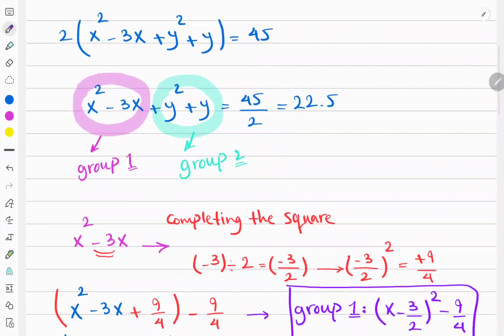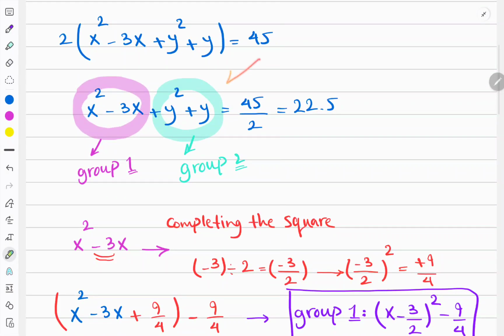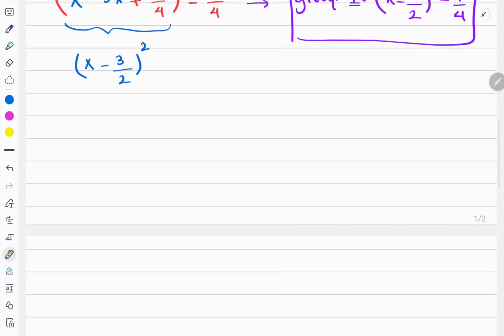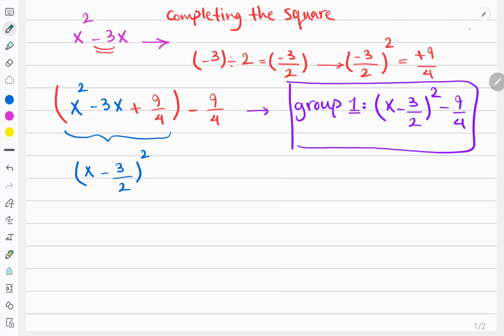Okay, and now I'm gonna go for group 2, which is y squared plus y. So the same method for completing the square.